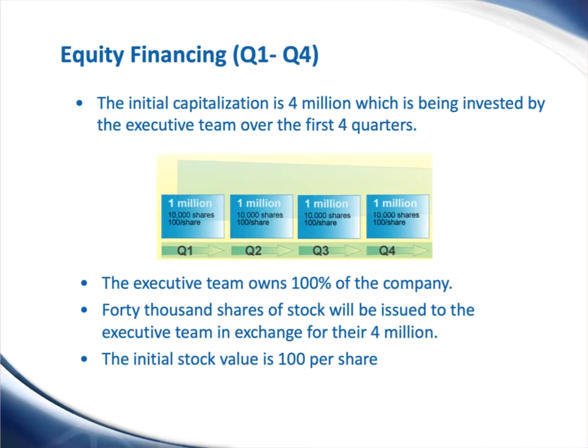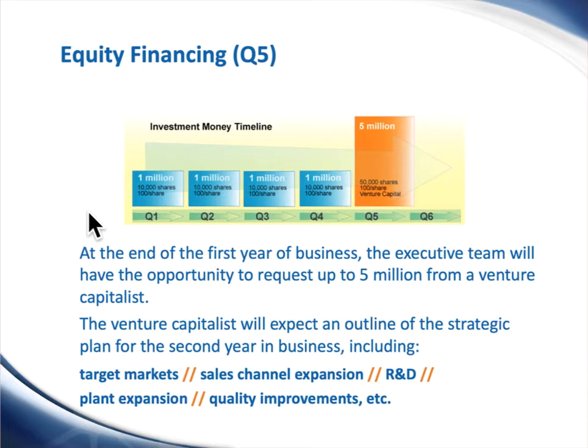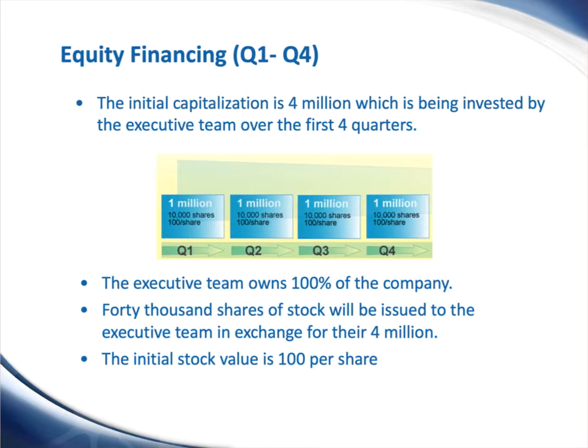Let me talk a little bit about the financing for your team. In quarters 1 through 4, each team member will automatically invest in the firm, and it's automatic in the simulation, so that by quarter 4, you have $4 million in your bank account that you're using to create your brands, test the market.